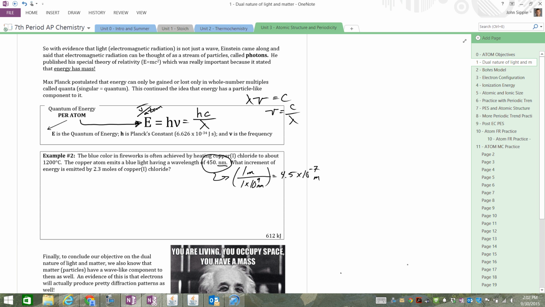We're looking for the amount of energy emitted by 2.3 moles of copper. So I'm going to plug this in.